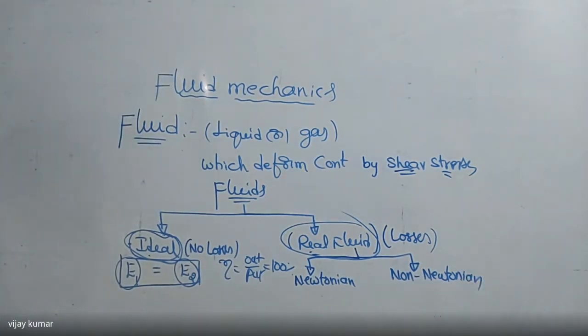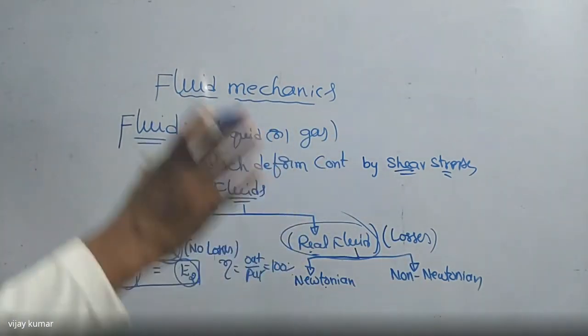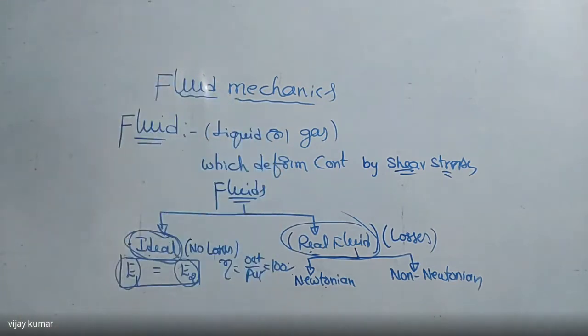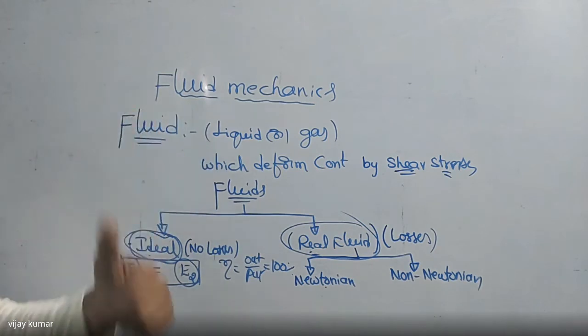Newtonian fluid is also having viscosity. Non-Newtonian fluids also have viscosity. But what is the difference between these two, Newtonian and non-Newtonian? In our nature, we are having so many types of liquids.